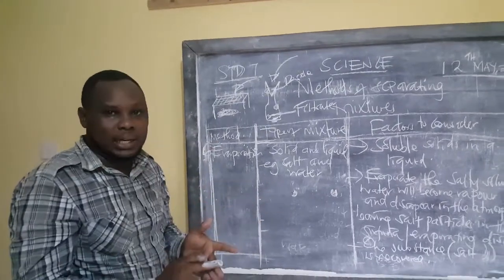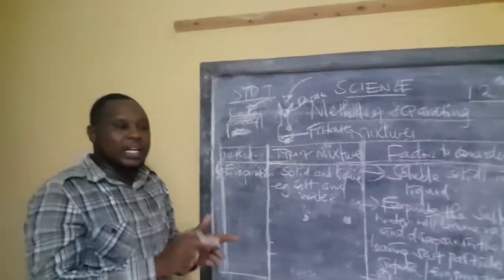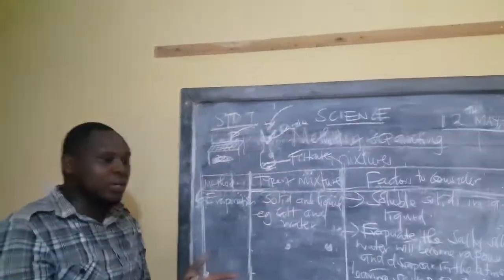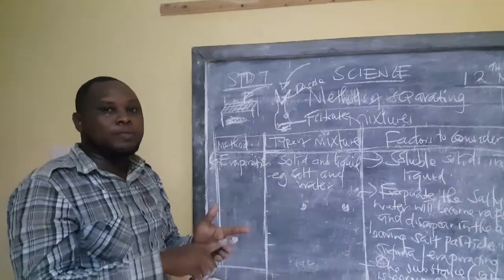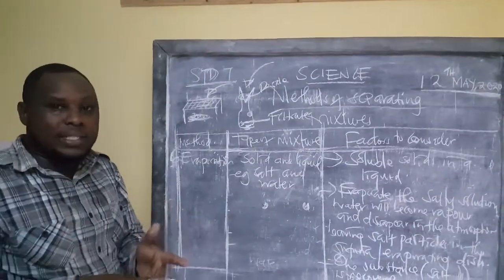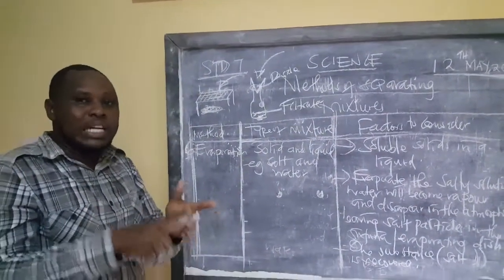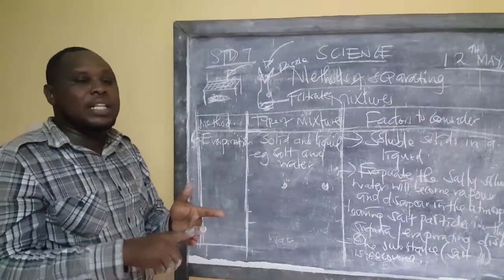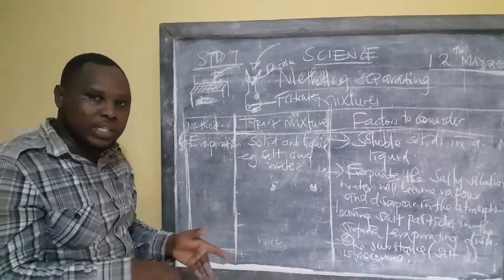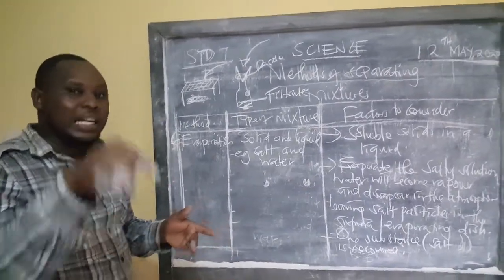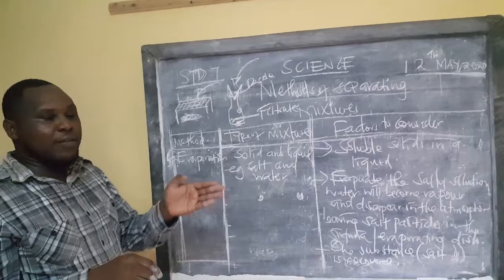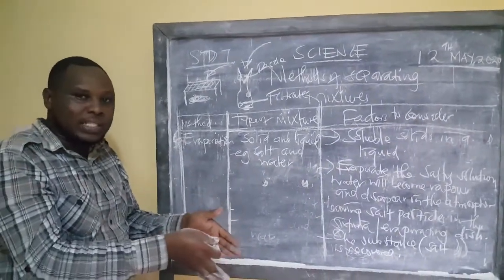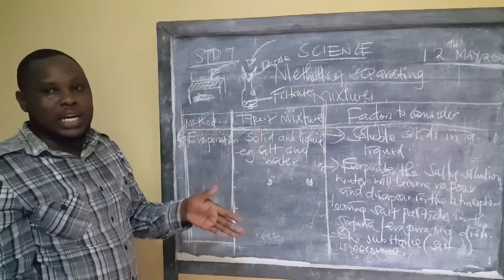Then we went to decanting as a method. Decanting as a method, we say there are two types of mixtures that can be separated using this method. That is solid liquid mixture, and then liquid mixture. On the solid liquid mixture, we said this is an insoluble solid in a liquid. After decanting carefully, you will remain with the solid materials on one side and the liquid will go on the other side.